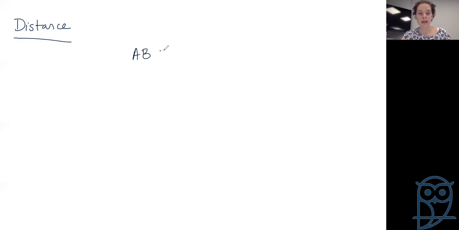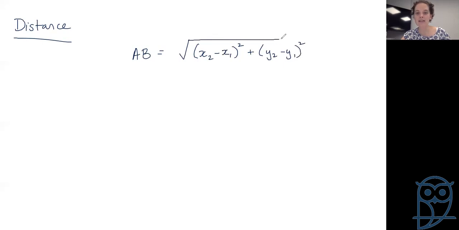So, AB equals the square root of (x2 minus x1) all squared plus (y2 minus y1) all squared, no lazy square root signs, all the way to the very end. Okay, where did this come from?